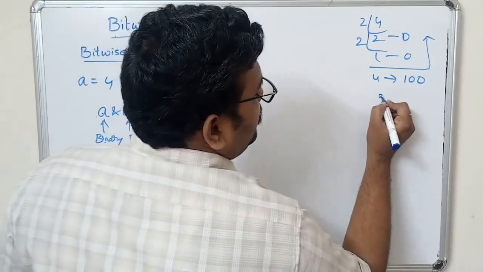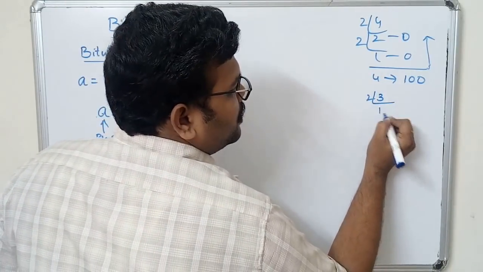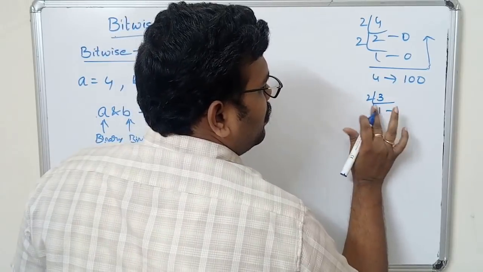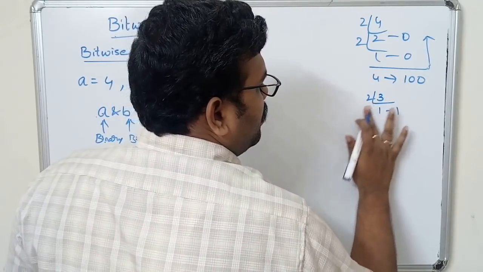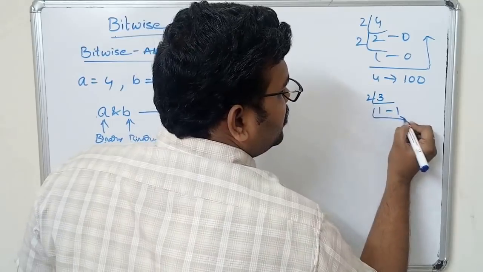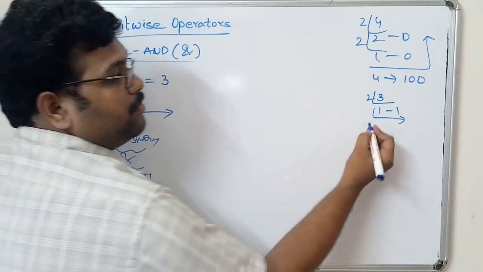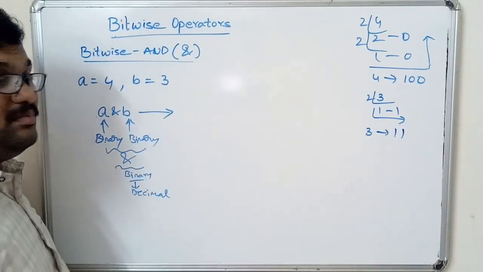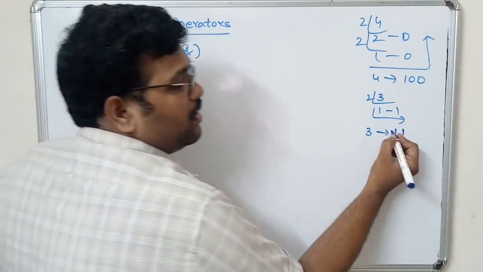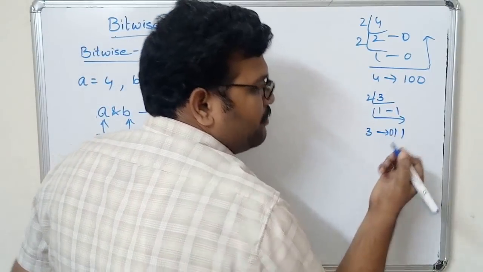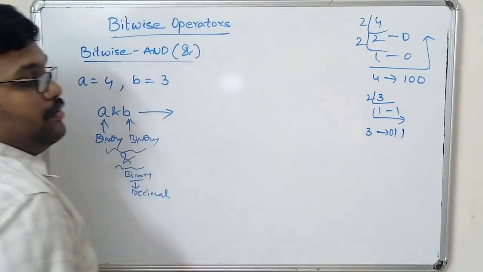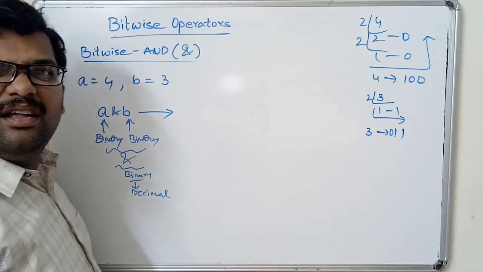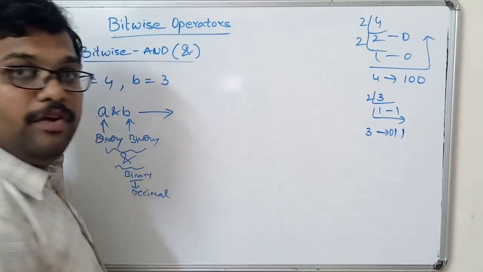Similarly 3, again convert: 1s are 2, 1. So obviously from bottom to top, 3 can be written as 1, 1. So here 3 bits, here 2 bits, we can include a 0 on the left side, so that the value will not change.